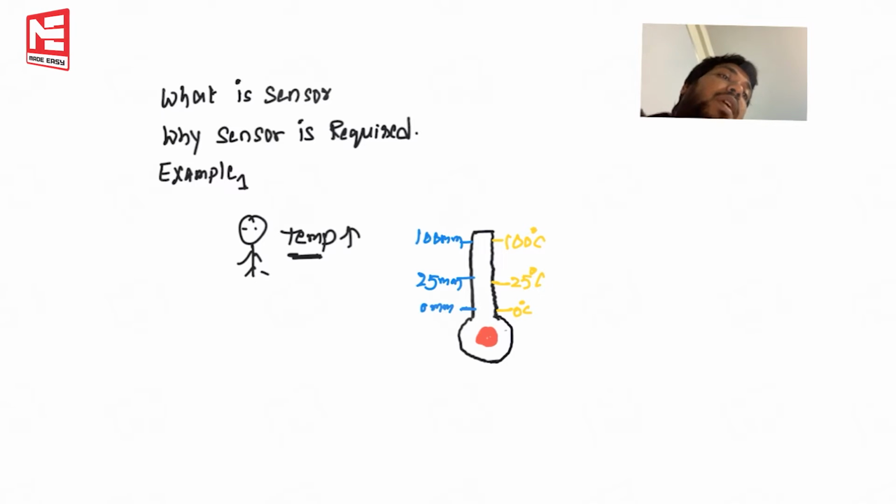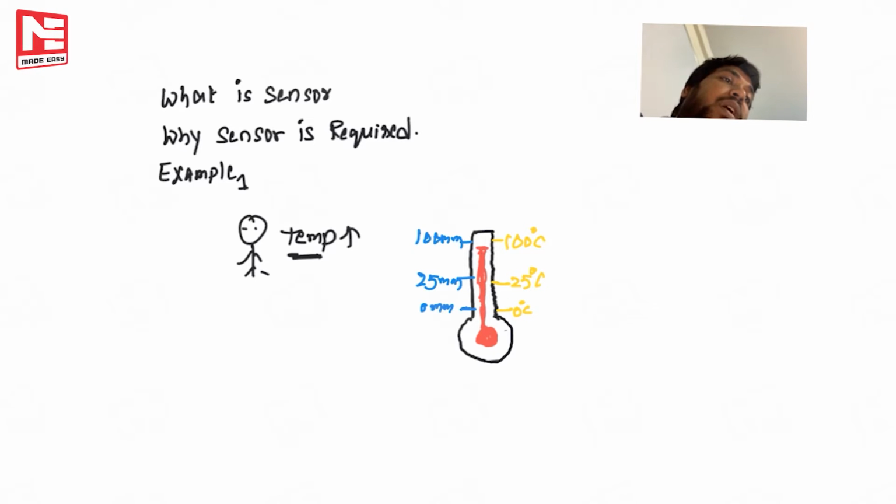Now let's look at the example, very simple. The moment this thermometer is inserted in your mouth, what will happen? The mercury column will rise in height, slowly increasing. Earlier it was here; now slowly the mercury column inside the glass bulb increases its length.